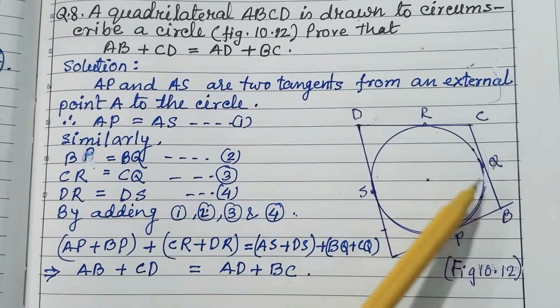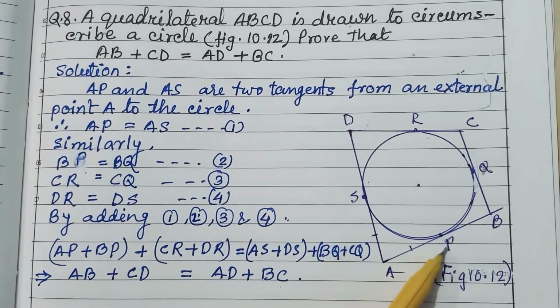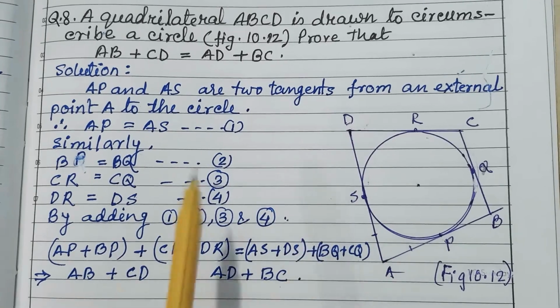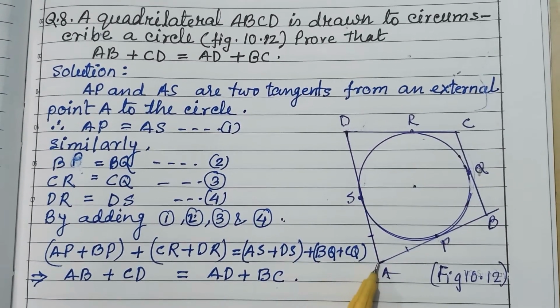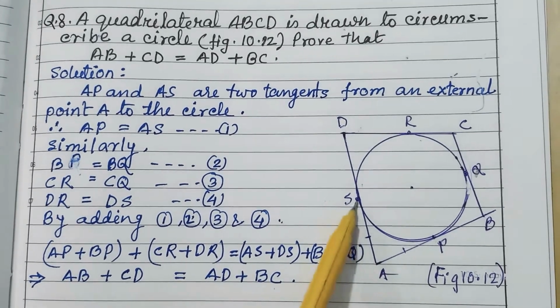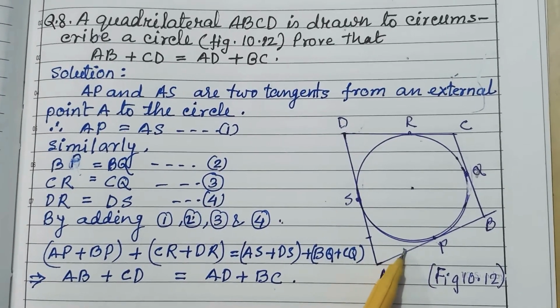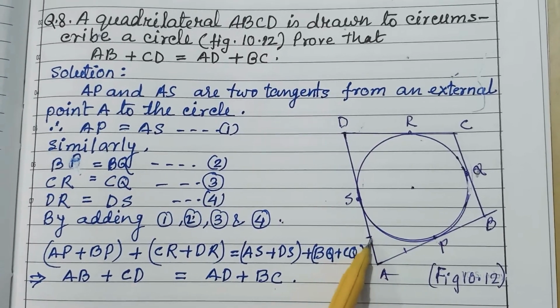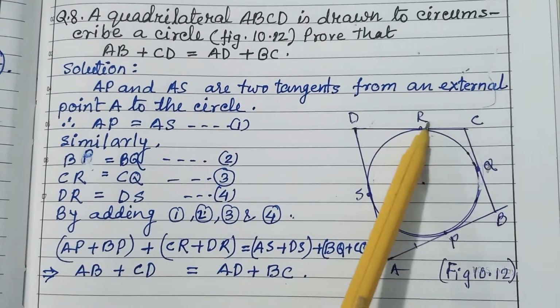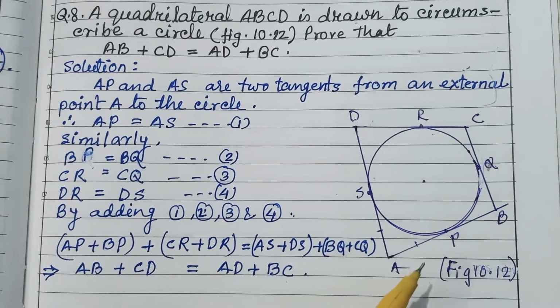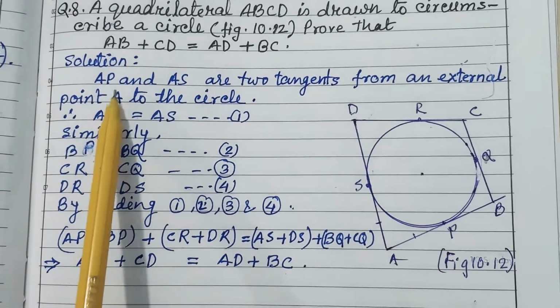The sum of opposite sides is equal. Now here, tangents drawn to a circle from an external point are equal. These two tangents are equal. Similarly, from B, two tangents are equal. From C, two tangents are equal. It is the theorem.